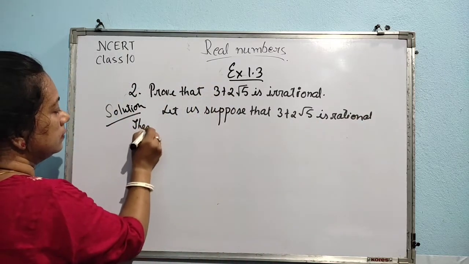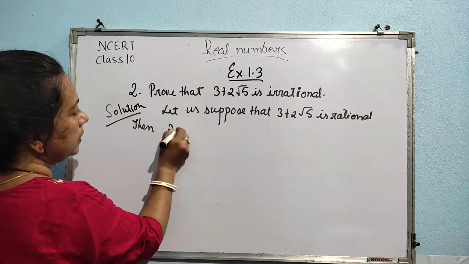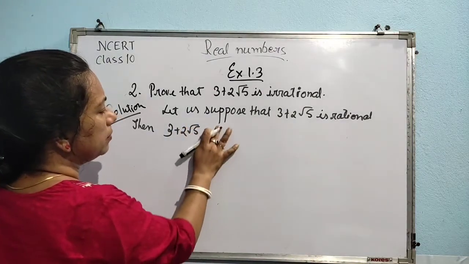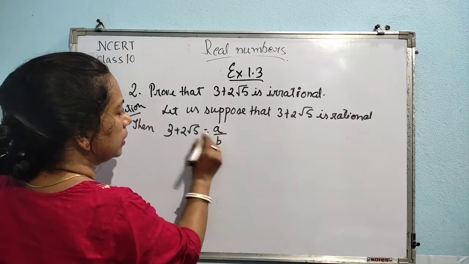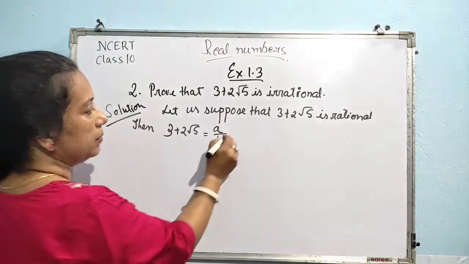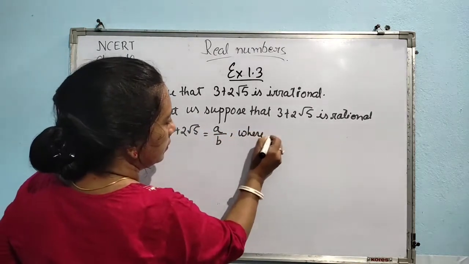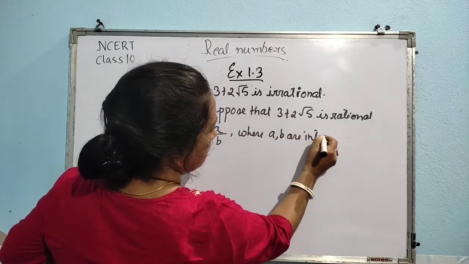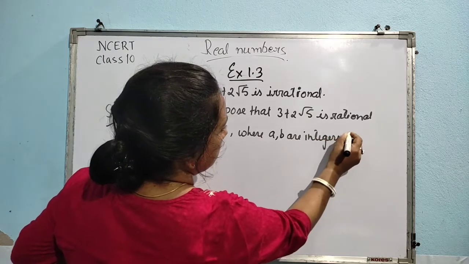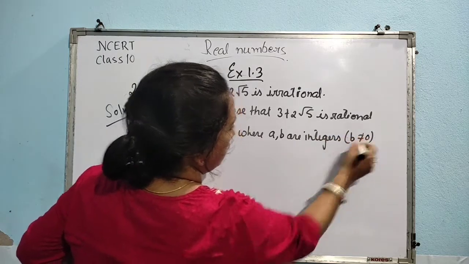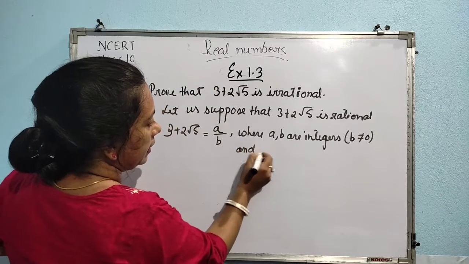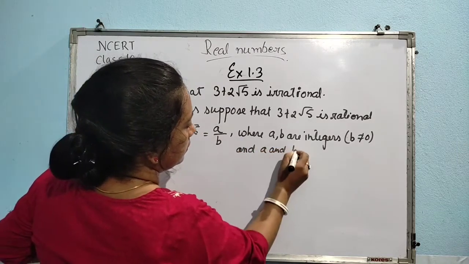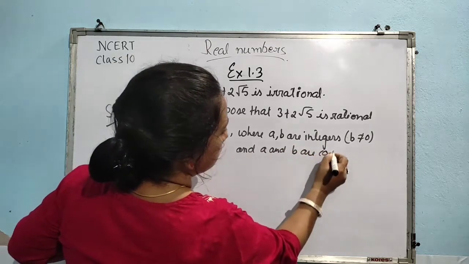Then 3 plus 2 root 5 is equal to P by Q or A by B. Let us take A by B this time, is equal to A by B, where A and B are integers, B not equal to 0, and A and B are co-primes.